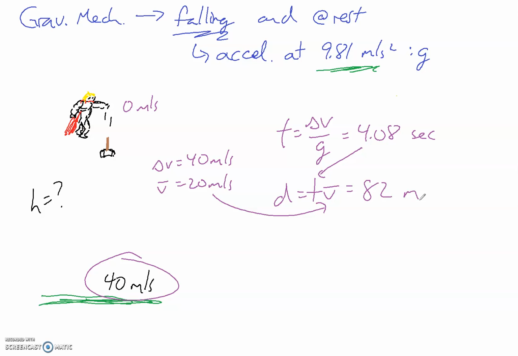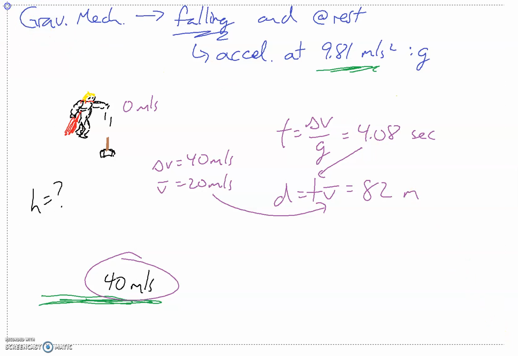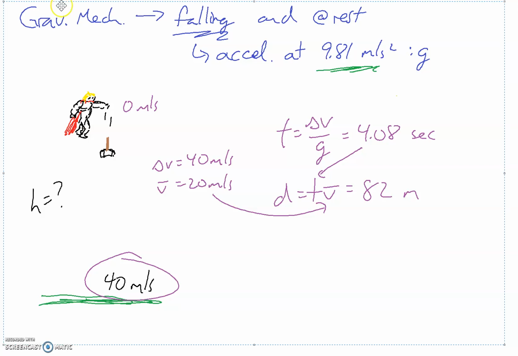Okay, but now what we can do is we can actually start customizing this a little bit and figuring out a few other things, because we can incorporate some forces into this as well and see if we can expand on this a little bit. So let's get rid of this stuff here and look at something else.